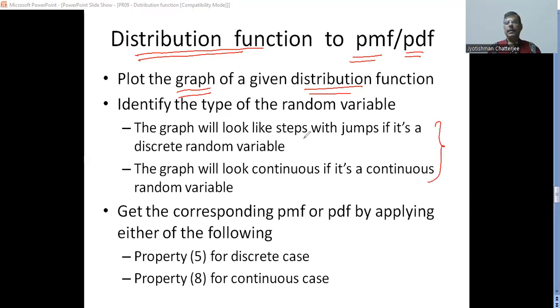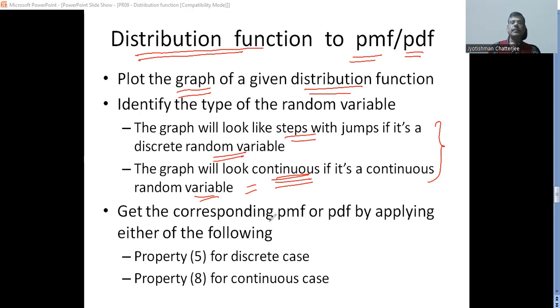It may look like steps with jumps at some points, as we have seen in the cumulative distribution function for the discrete case, or the graph might look continuous, as we have seen in one example. So either of the two cases. If the graph looks like steps, it's a discrete random variable. If it looks continuous, it's a continuous random variable.